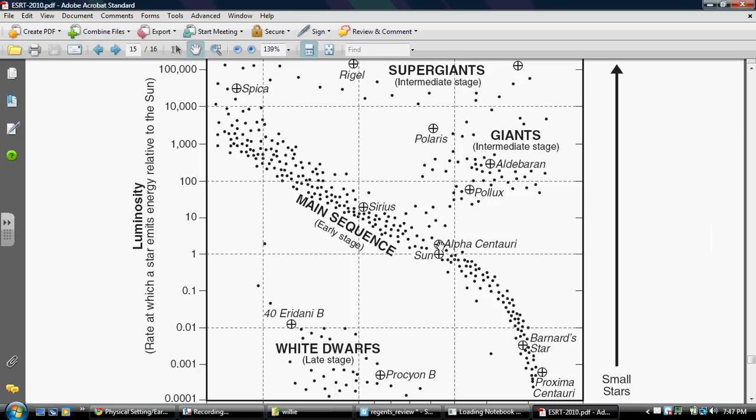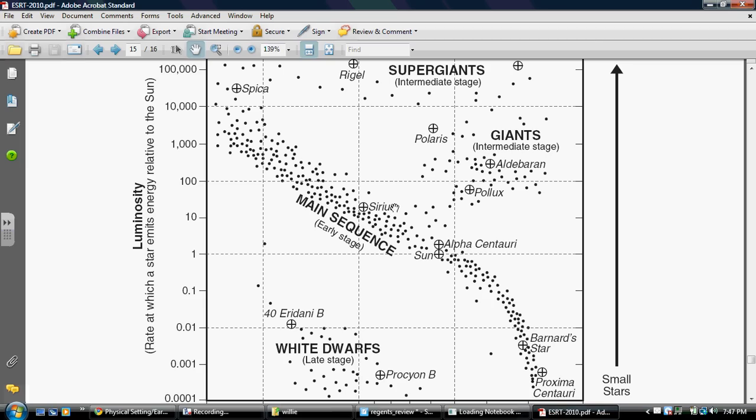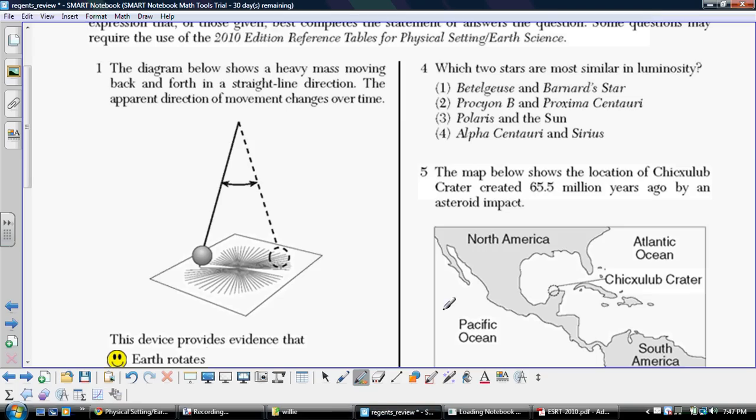Okay, the Sun, Polaris, we've got up here, so very different compared to those two. And Alpha Centauri and Sirius. Sirius is up here, Alpha Centauri down there. These ones are a little closer than some of the others, but definitely Procyon B and Proxima Centauri are the closest and most similar on the luminosity scale here. So that's got to be our answer for that one.